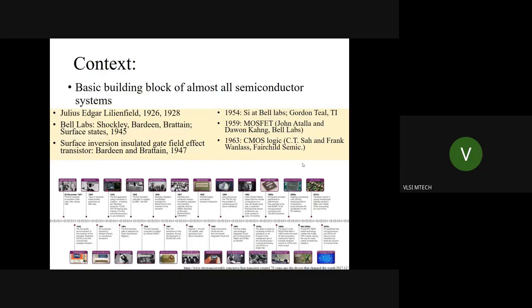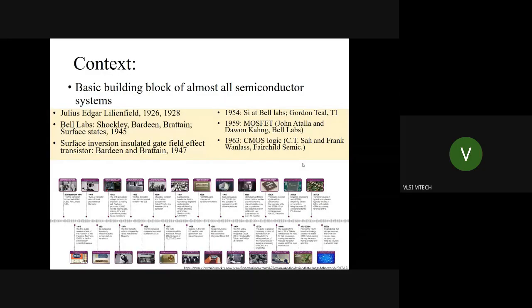So Bardeen and Brattain were working on this. And in 1947, they first showed the surface inversion insulated gate field effect transistor, which is basically an insulated gate FET, or a metal insulator semiconductor FET.